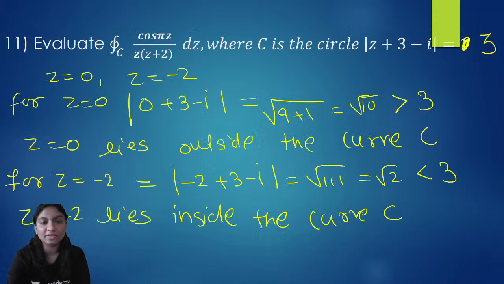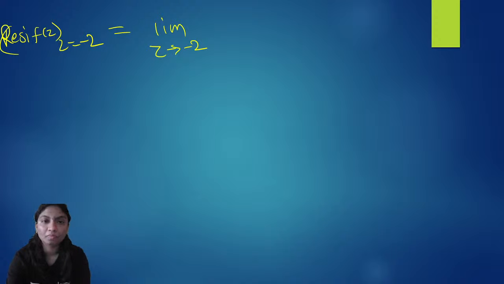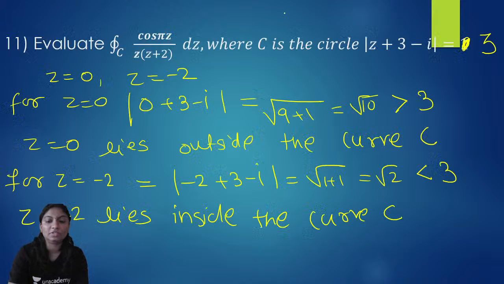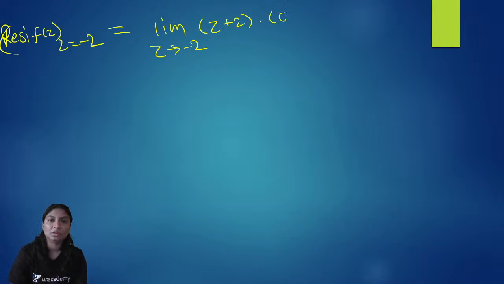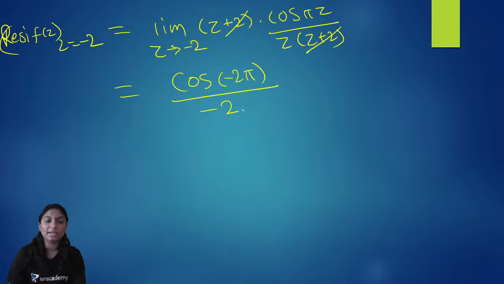If you observe, z is equal to minus 2 is a simple pole. So we can find the residue as the limit as z tends to minus 2 of (z minus a) into f(z), that is cos pi z upon z into z plus 2. So limit as z tends to minus 2, cos of minus 2 pi upon minus 2.